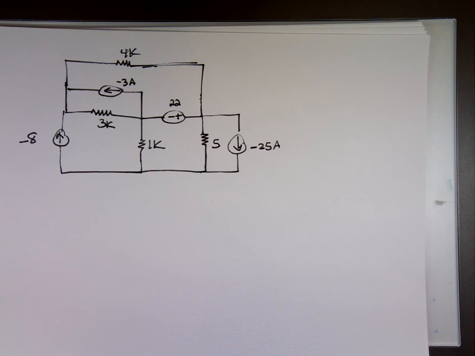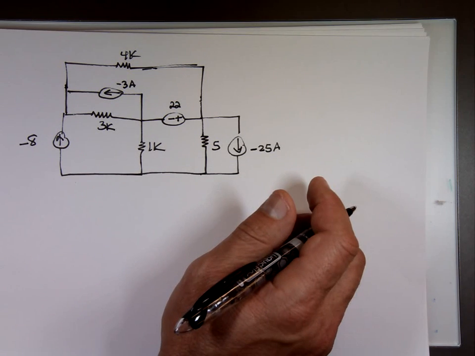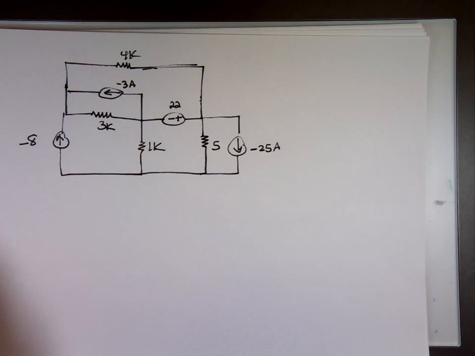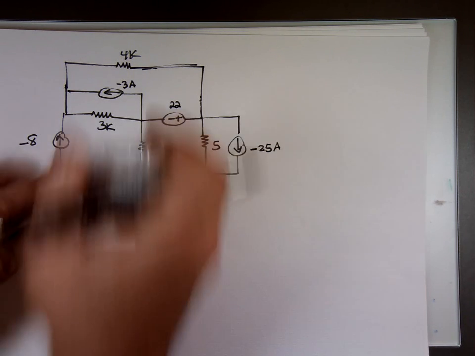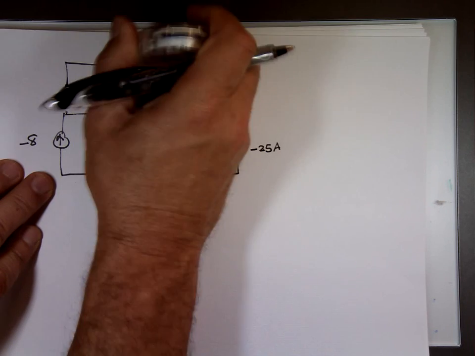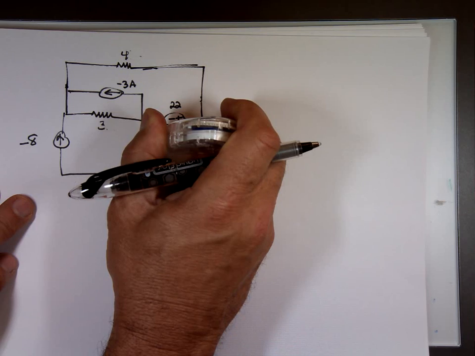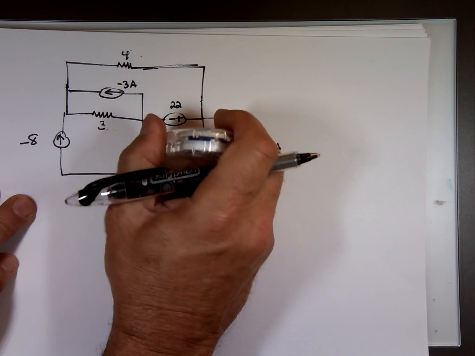Is it a 5K resistor or just 5? Oh, no, there's none of these Ks. I guess they were all ohms, I guess there are no Ks. 1 ohm. So none of these have Ks in them.